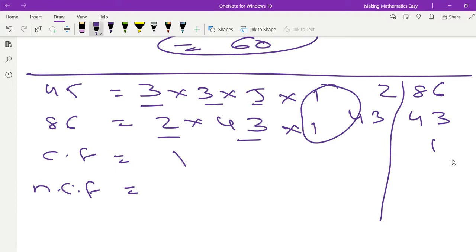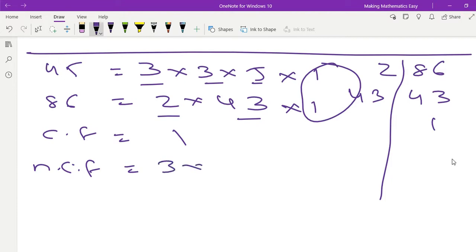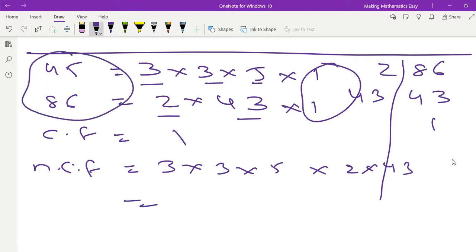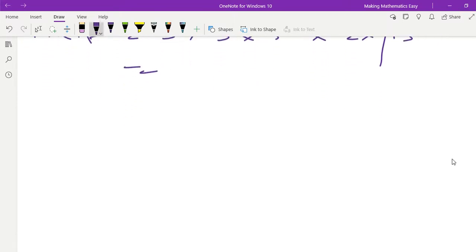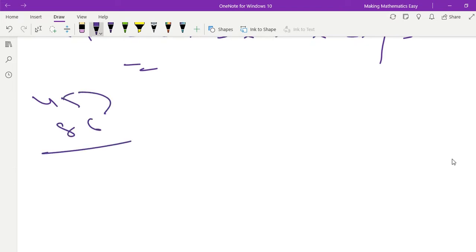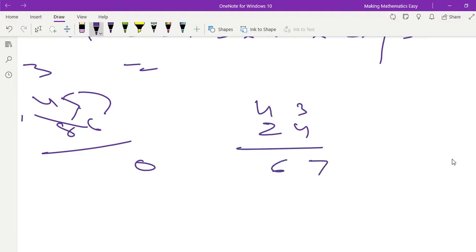Okay. Now your non-common factor is 3 into 3 into 5 into 2 into 43, which is nothing but the multiplication of these two numbers, which is 45 into 86. 6 5s are 30, 6 4s are 24, 8 5s are 40, this 3, 7, 6, 6, 7, 8 4s are 32, and this is 38.